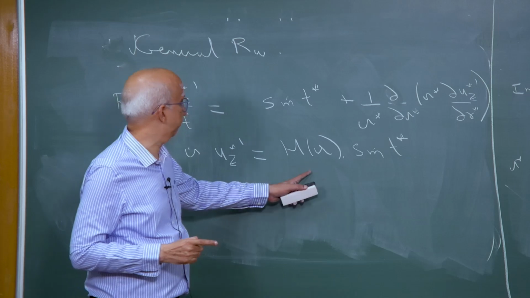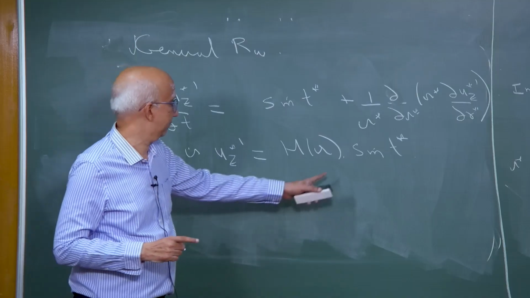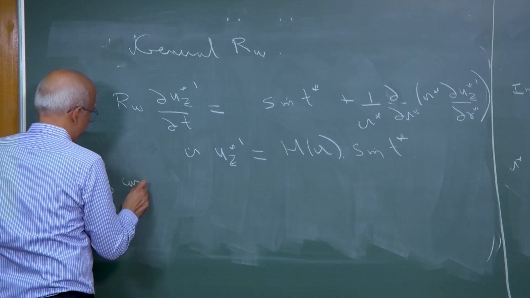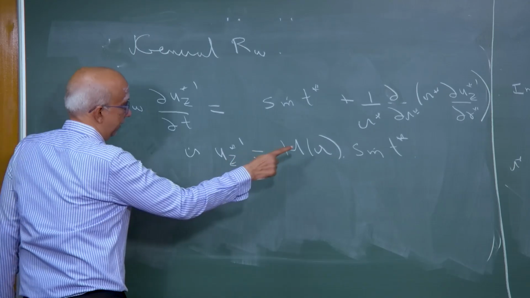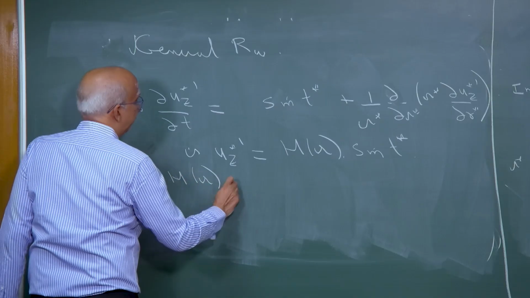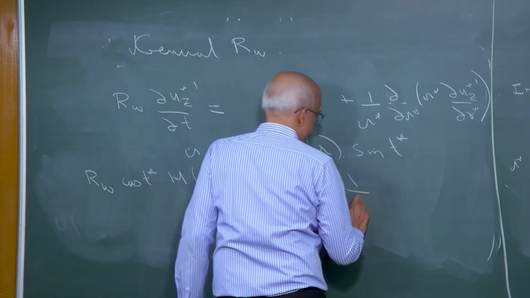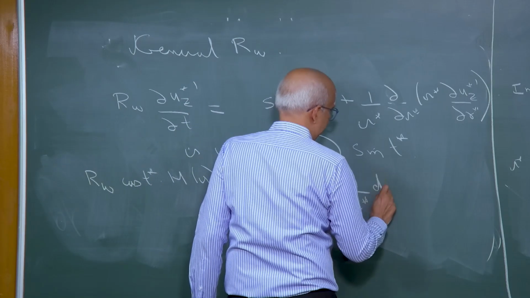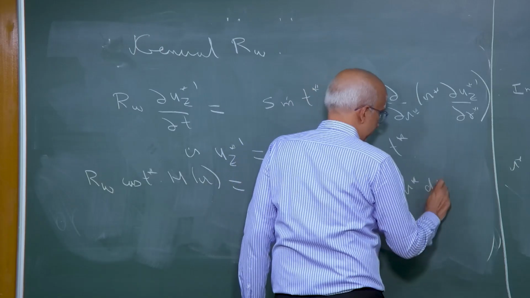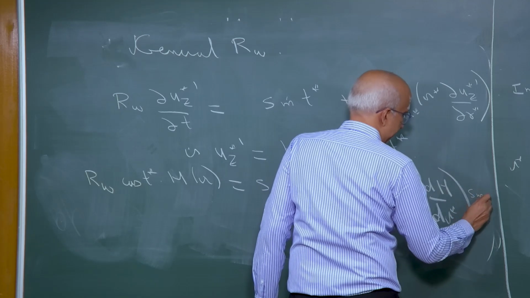So, I am going to substitute this back inside here and see what I get. When I substitute this back inside here, I get R omega cosine t star, derivative with respect to t star times h of r, equals sin t star plus 1 by r star d by dr star of r star dh by dr star times sin t star.